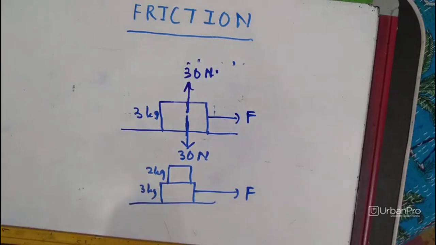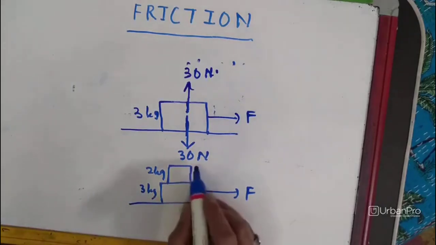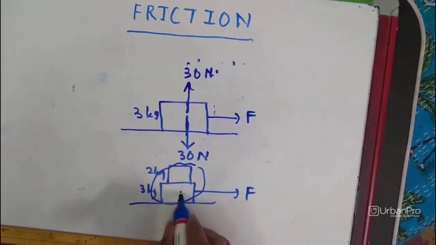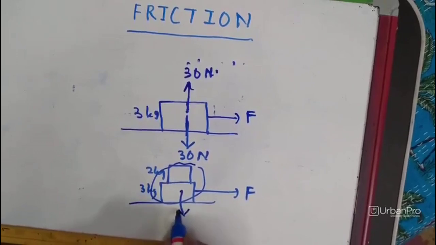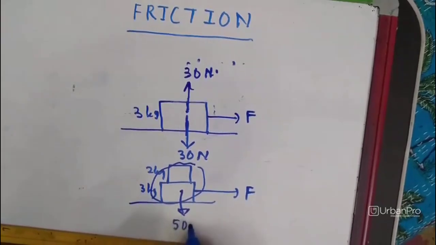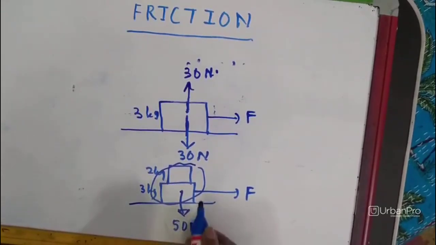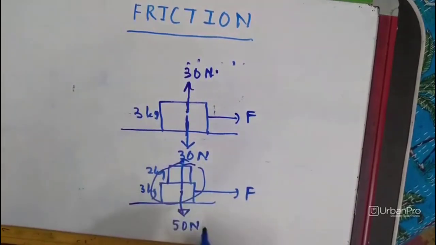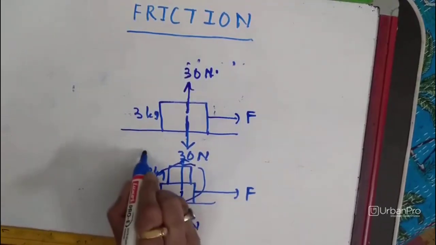The first one, because in the second case the composite block will be attracted by the earth with a force of 2 plus 3, which is 5 into 10, 50 Newton, and the normal force exerted by the surface on the composite block will be 50 Newton up.